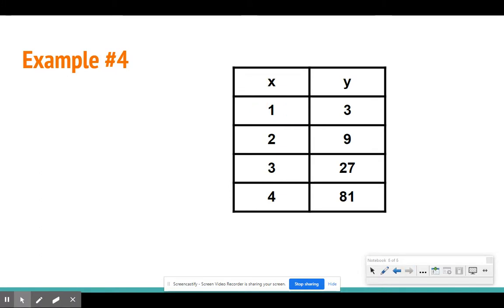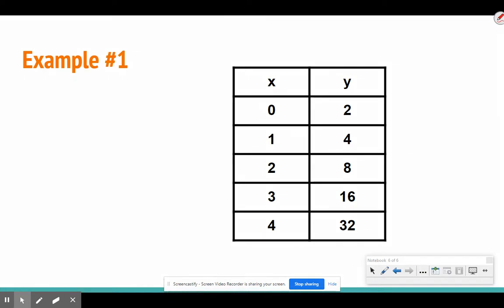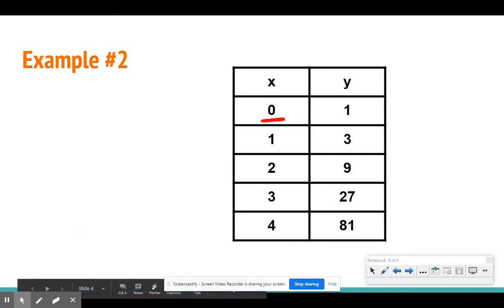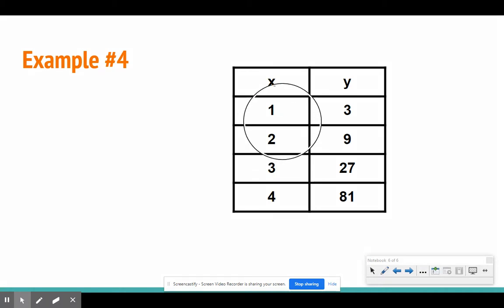So if you look back at your notes, look at example 1, we had a 0 we started with. Again, with example 2 here, we have a 0. And example 3. Notice example 4, there's a 1. Now, we're still going to do everything the exact same. There's just going to be one difference.